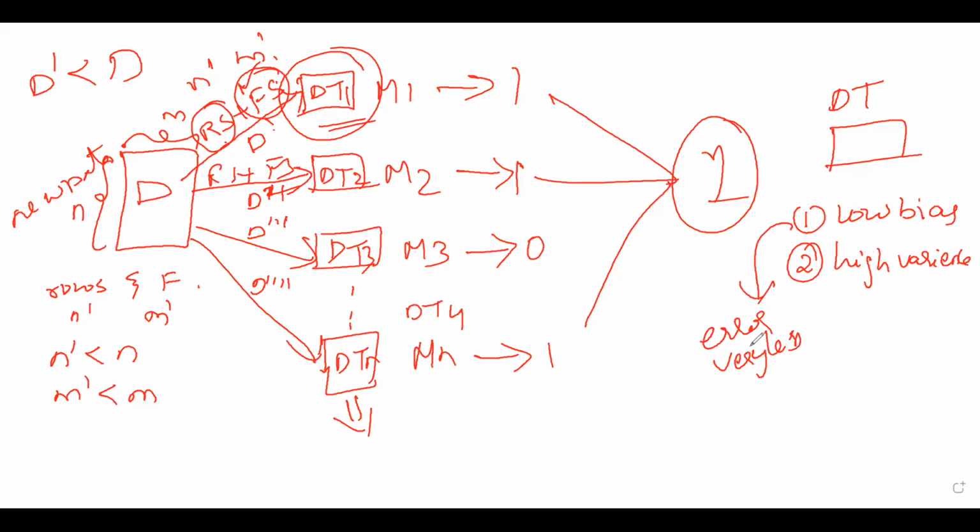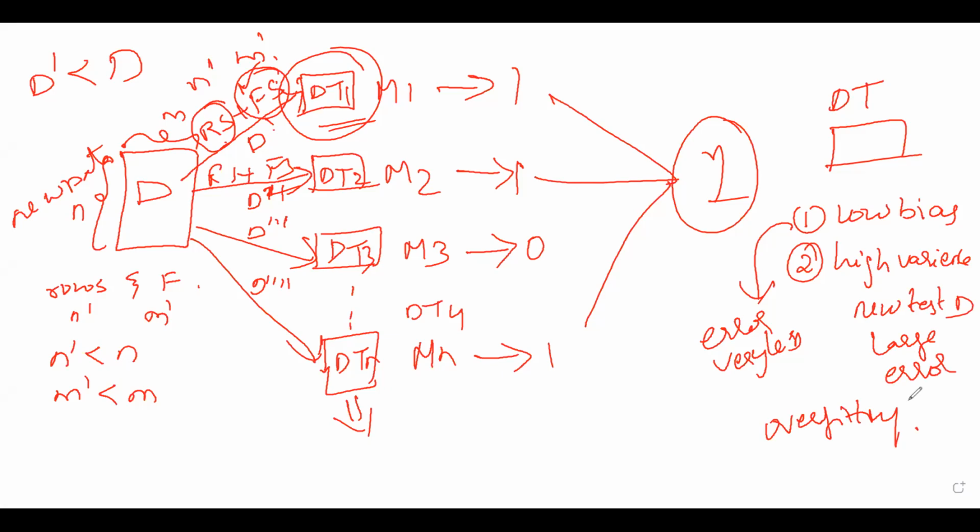Coming to high variance, whenever we give new test data to these decision trees, they will give large amounts of error. So whenever we create a decision tree to full depth, it leads to overfitting.